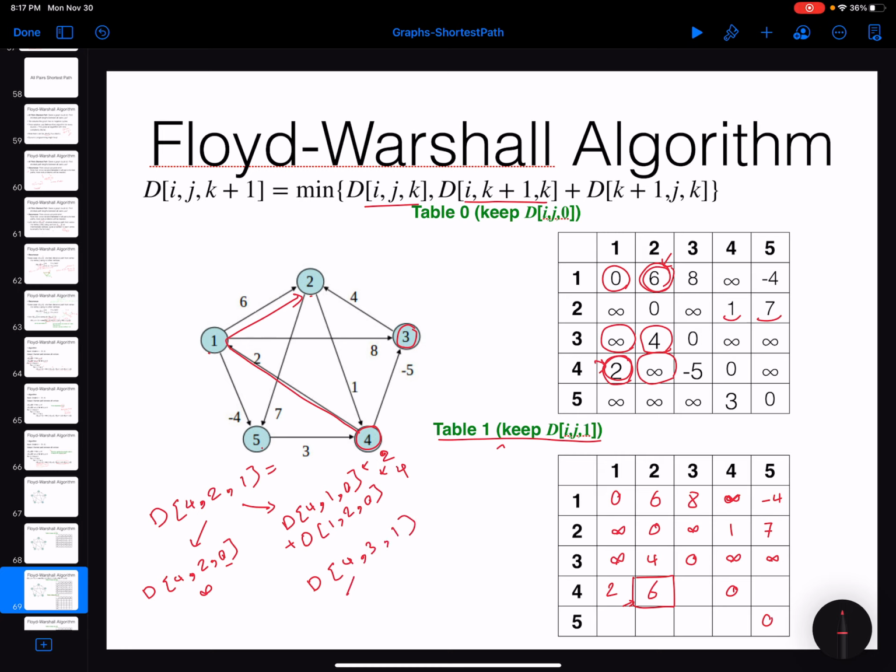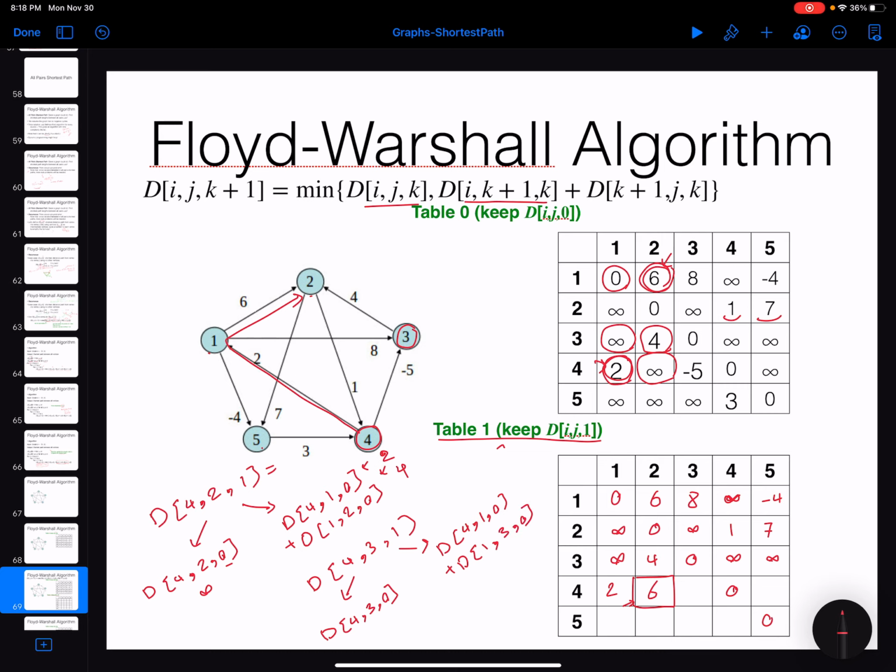Again, in this case, this is going to be the minimum between the cost of going from 4 to 3 without any other node, or the cost of going from 4 to 1 without other nodes, plus the cost of going 1 to 3 without any other node.